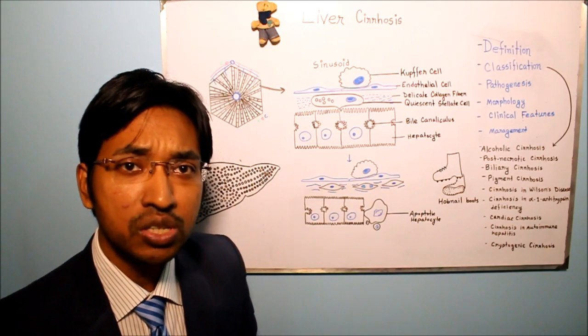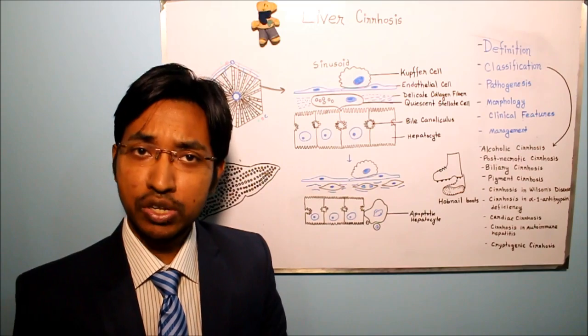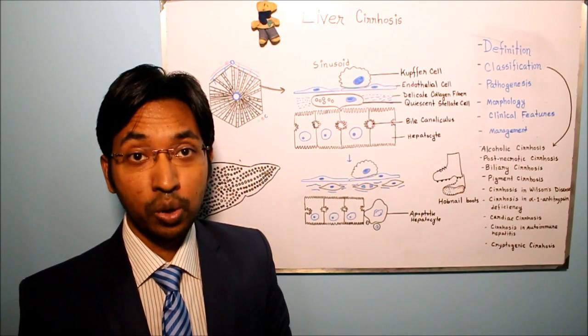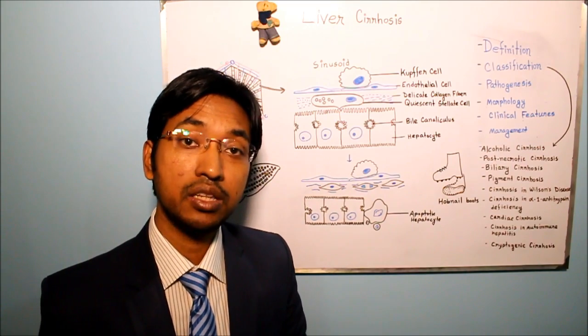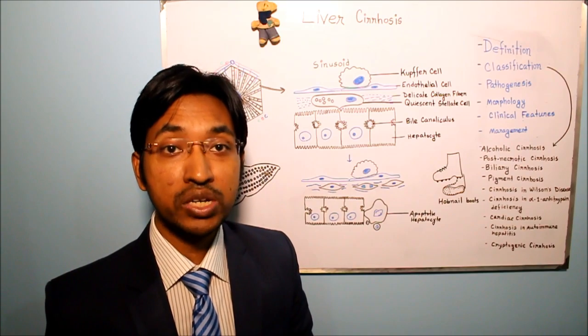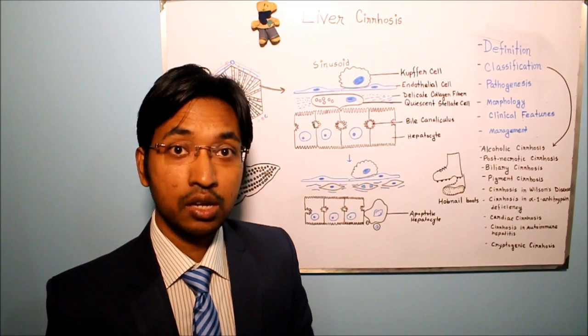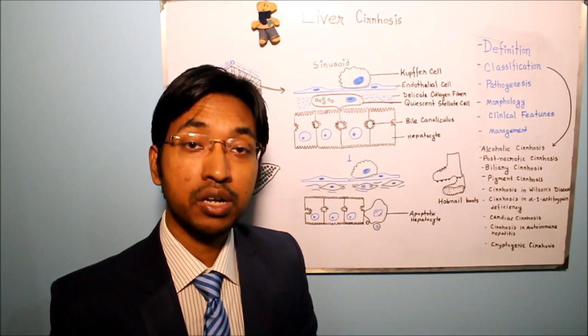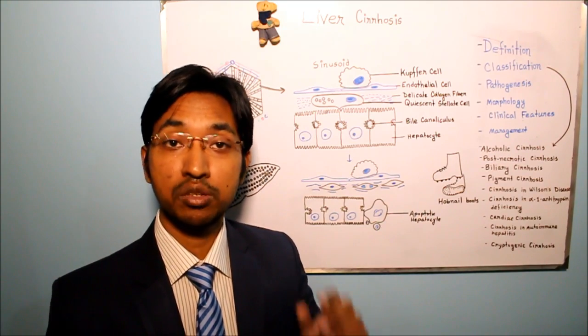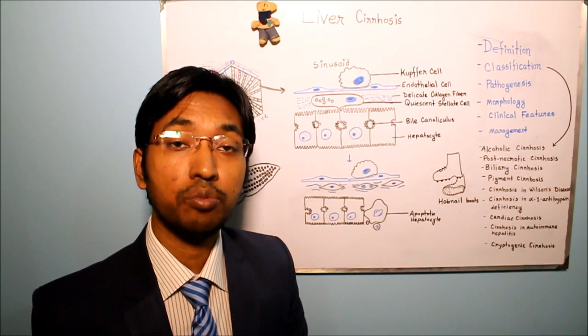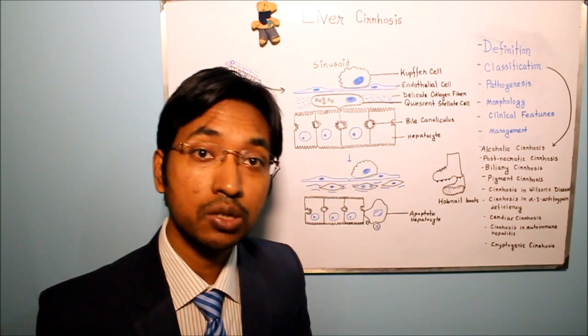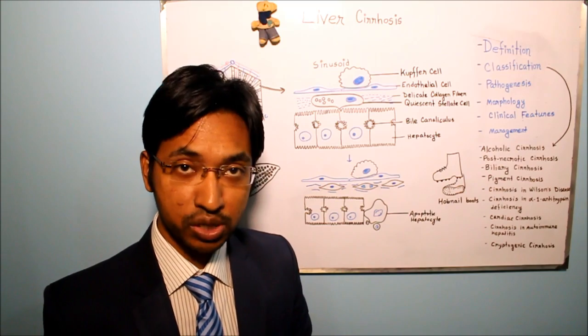So whenever there is alpha-1 antitrypsin deficiency, that will also have an effect in the lungs, and that will result in development of emphysema. What is emphysema? Emphysema is a condition in which there is permanent dilation of the air spaces distal to the terminal bronchiole.